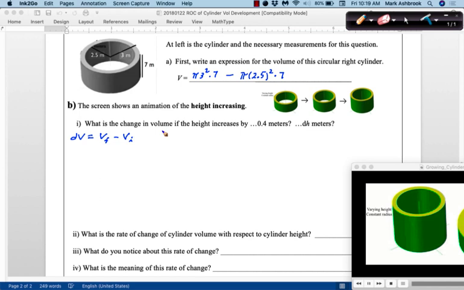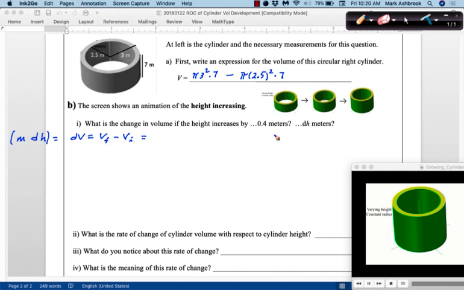I'm glad she said mdx, because eventually we're going to take what we find and see if we can get mdH, because then we have the rate of change, m. But for now, we're just starting with final volume minus initial volume, okay?